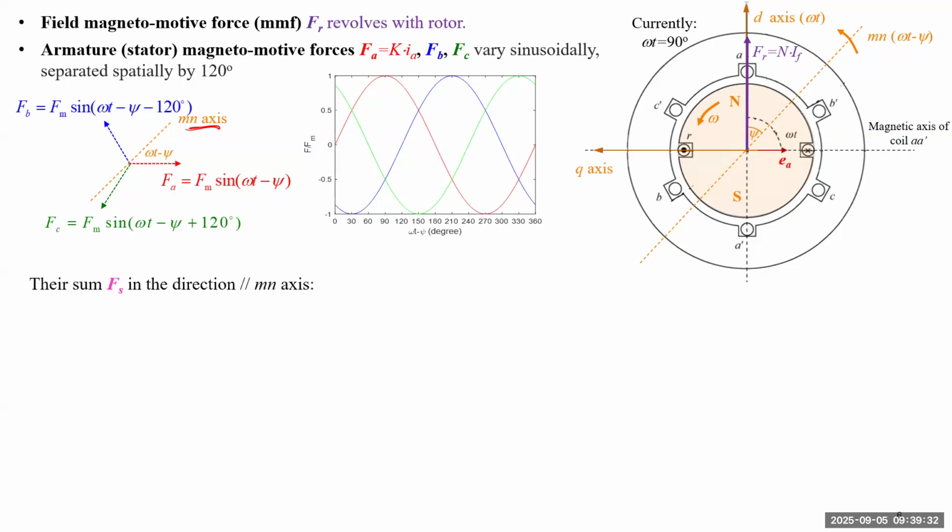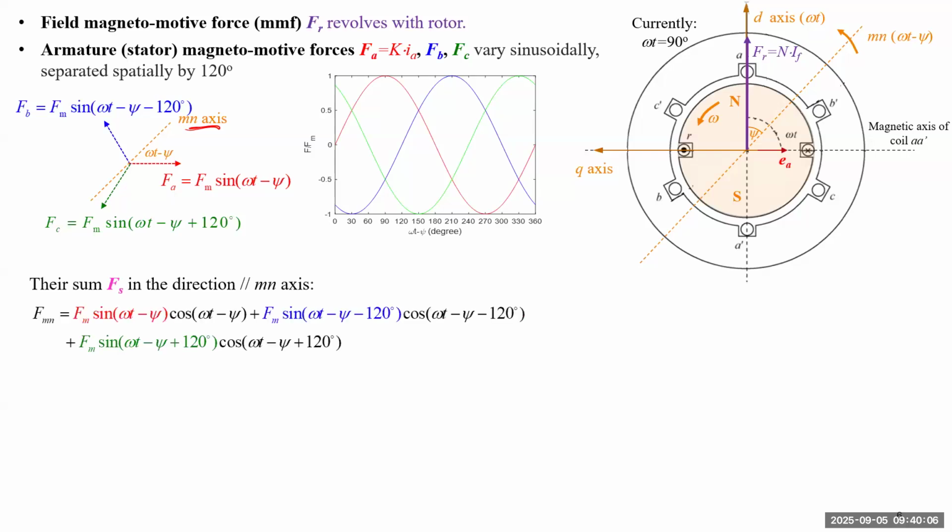Okay, so how do we integrate the three vectors, which are pointing in three different directions with magnitudes changing periodically? How do we determine the total value? One idea is to assume that a single phasor has two components. One component is parallel to the MN axis. The other is orthogonal to the MN axis.